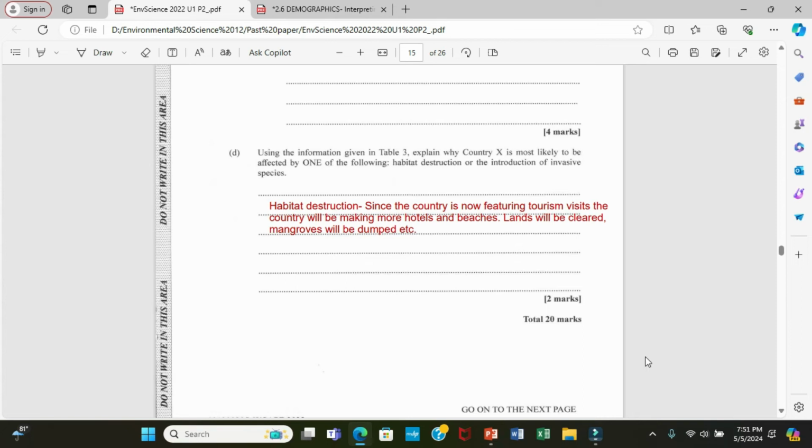All right, guys. So these will happen, and as more tourists come, they will bring in new species. Now, invasive species can be taken from overseas as well as they can migrate from where the habitat is disrupted to another location where they are disruptive. All right.